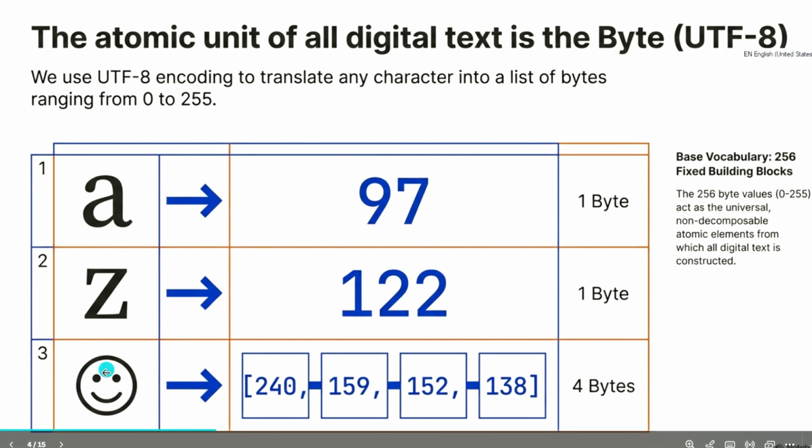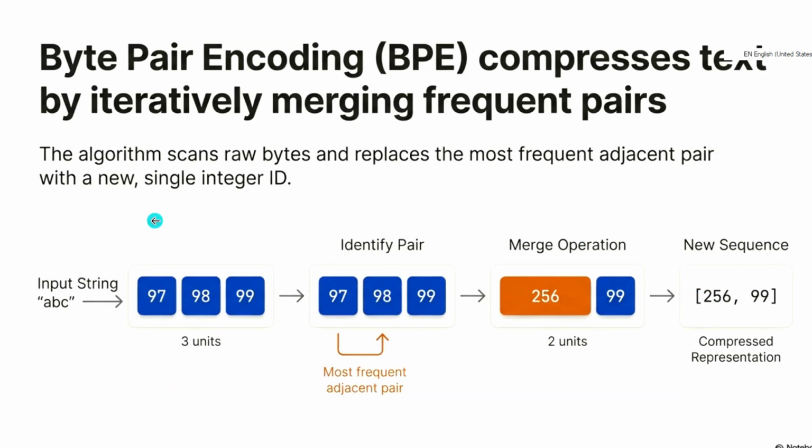Z could be the number 122, and a smiling emoji could be represented by a list of UTF tokens 240, 159, 152, 138, and they have different byte sizes. In UTF-8 encoding, we have a list of bytes ranging from 0 to 255. So these values could be from 0 to 255, and we have a byte size for them. A is of 1 byte size, Z of 1 byte, and a smiling emoji could be of 4 bytes.